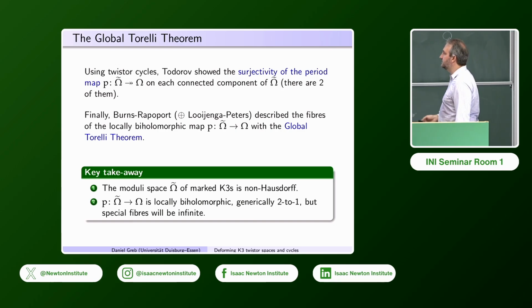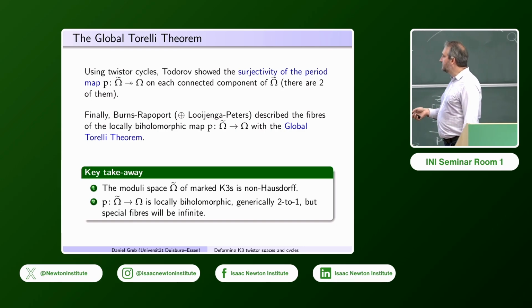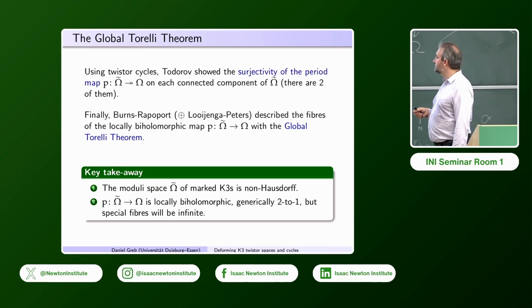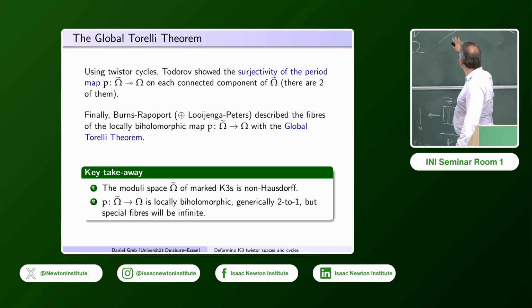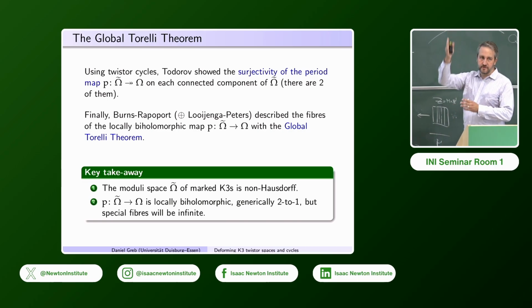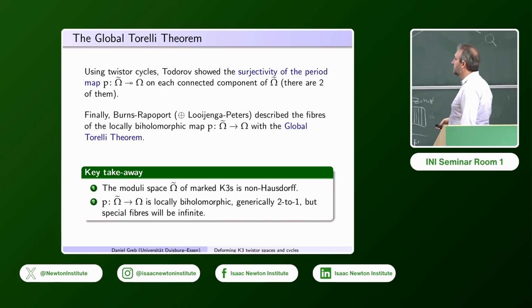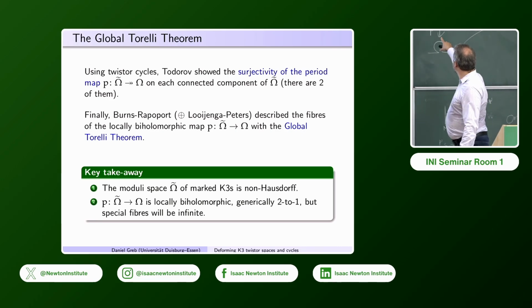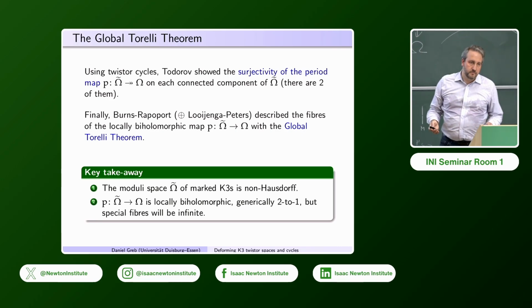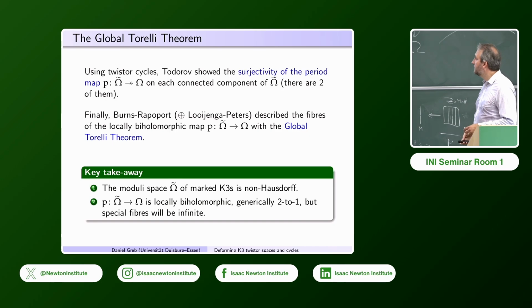So the key takeaways are that the moduli space of marked K3s is non-Hausdorff. This concrete model, which is somehow contracting this discrete information coming from the different markings, is nice, but there is this difference which is in the discrete fibers, which are hard to control.